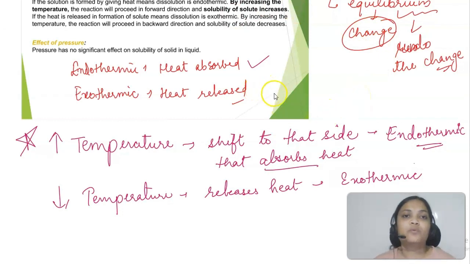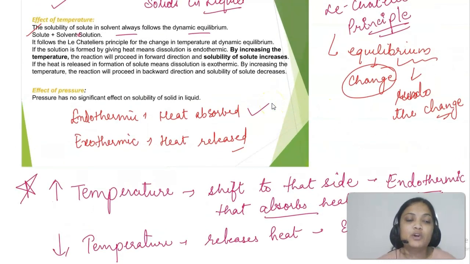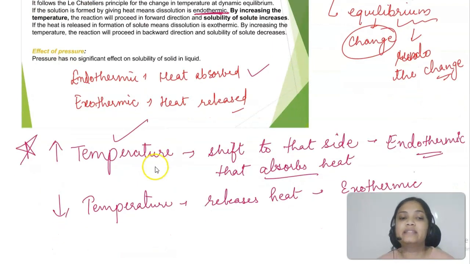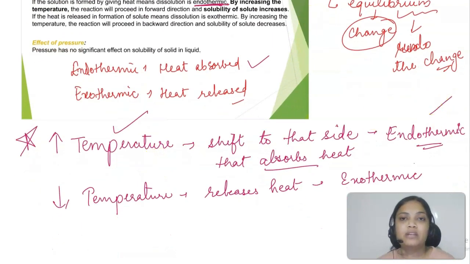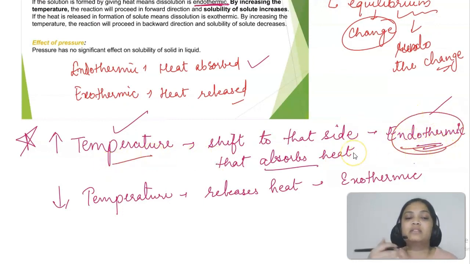Now whenever your dissolution is, let's say, endothermic, and you are increasing the temperature, just now I have told you that increasing temperature favors endothermic reactions. So dissolution is endothermic, and increasing temperature favors endothermic reaction, means the increasing temperature will favor dissolution.